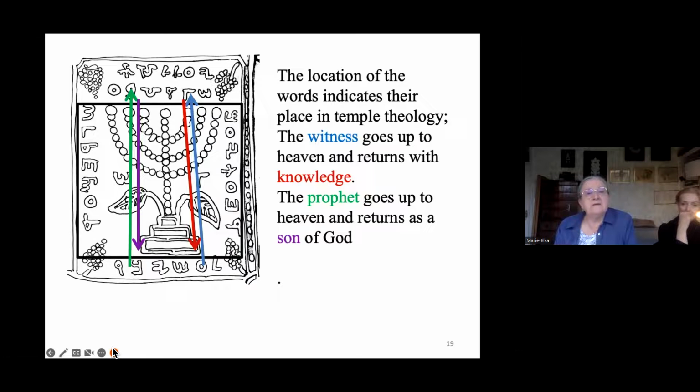If you look at the exact mirror image of that, which is on the left, the green arrow going from earth to highest heaven is the prophet, and coming down, he returns as a son of God.